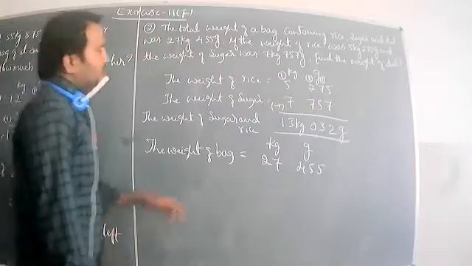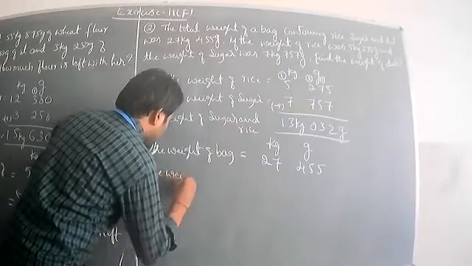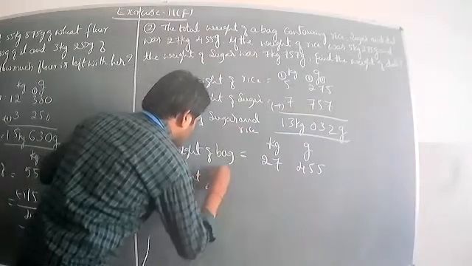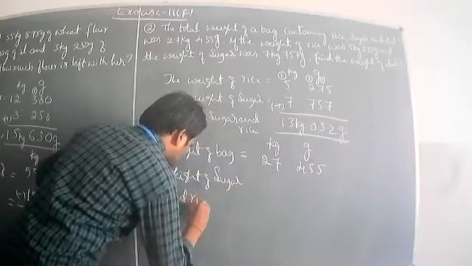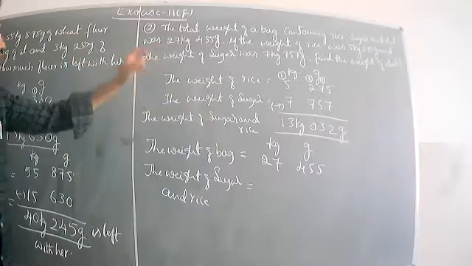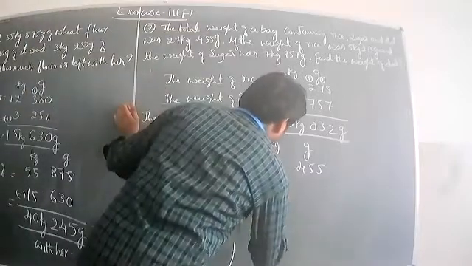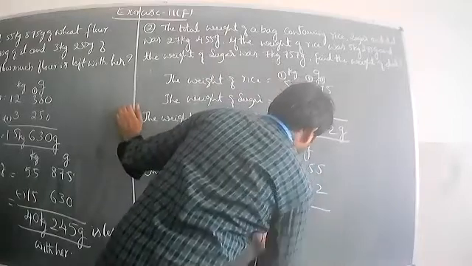So we can find out the weight of the dal. What is the weight of sugar and rice? 13 kg 32 grams.